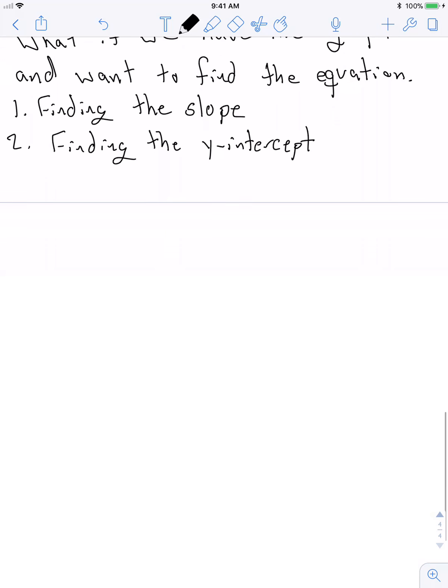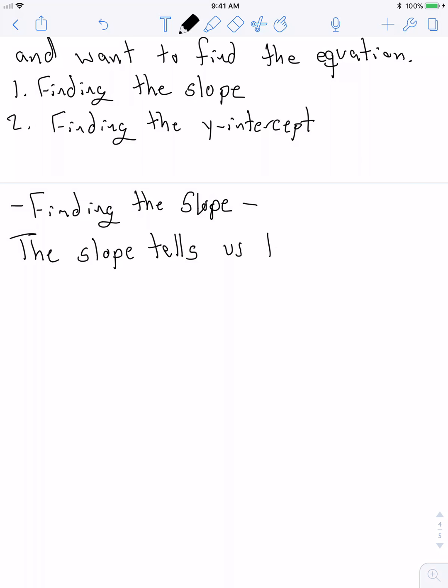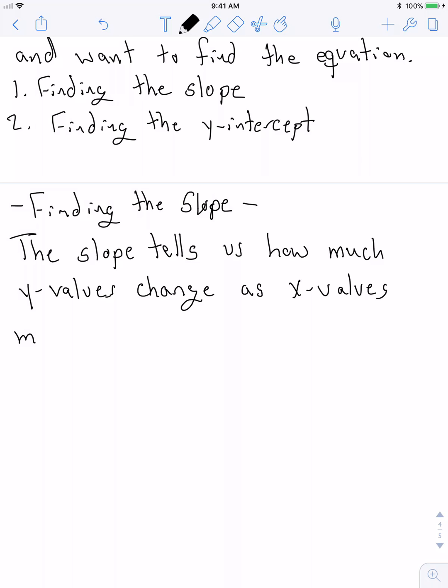So finding the slope is the real trouble here. So let's talk about slope in a bit more detail. So what is the slope? The slope tells us how much y changes, or our y values change, as the x values move 1 to the right.